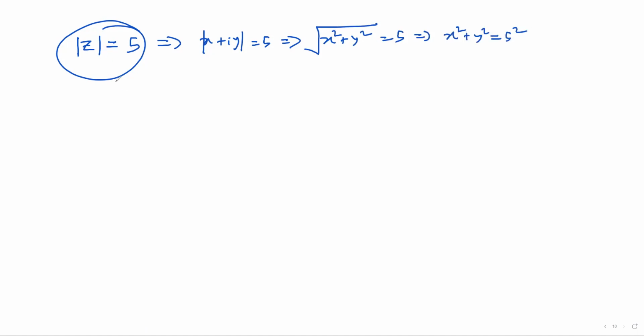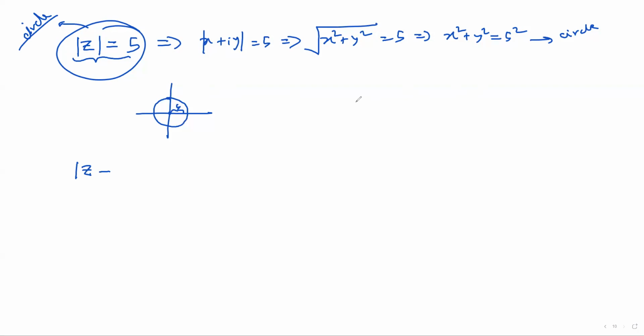So the complex numbers that satisfy this equation are the ones situated on the circle drawn in the complex plane centered at the origin with radius 5. So this is the equation of a circle in the complex plane.